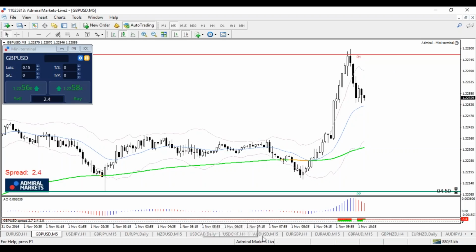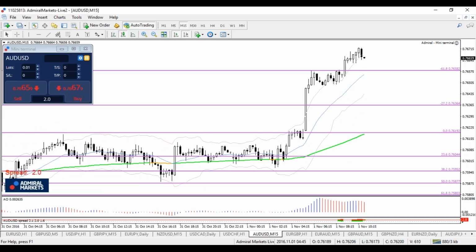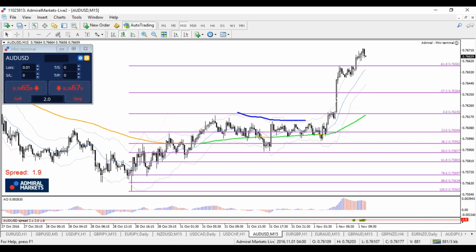So for instance, with the Aussie, the breakout was all the way down here and here, and there was another breakout. There have been 3 breakouts, basically. When that happens, the attractiveness starts to become less, because eventually you're going to get into a situation where a reversal or a pattern is going to occur.